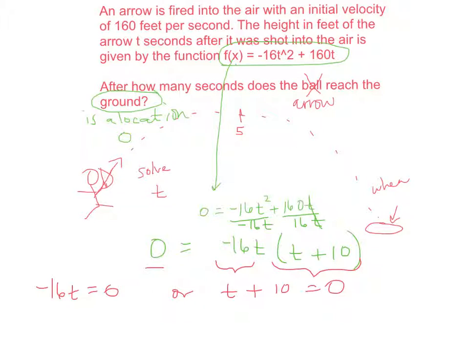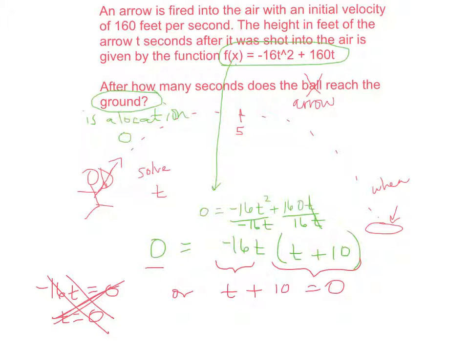So you're solving now for t. The first one, if I divide by negative 16, I find out that t is 0. Well, that just means you started at 0 time. That's when it started. That just means the arrow started on the ground, which really it didn't unless you're halfway underground shooting an arrow. It's kind of imperfect.